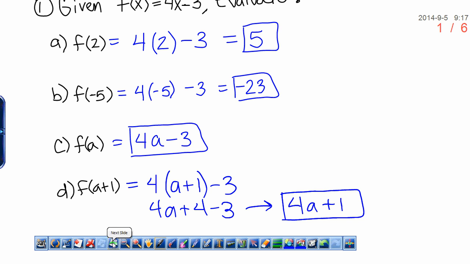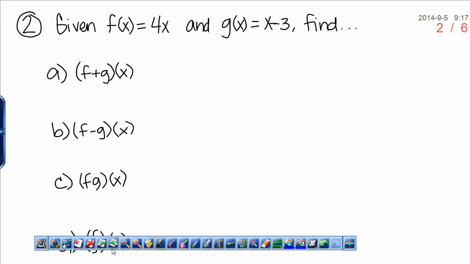Function operations. Let's do some operations with 2 different functions. So I'm giving you a function, f of x is equal to 4x, and g of x is equal to x minus 3. All right, so A says f plus g of x.